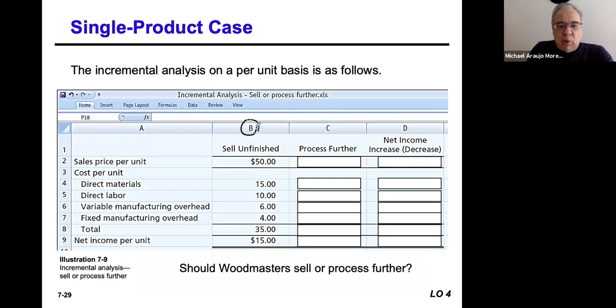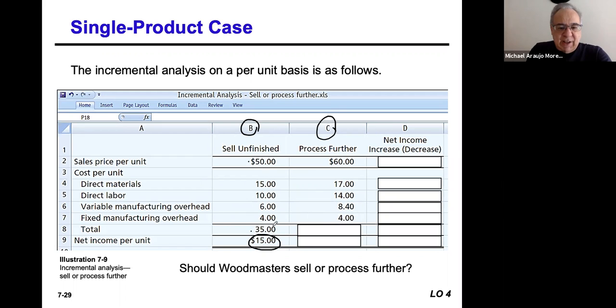So in essence, to just sell it as is, you have a $50 revenue stream and $35 in costs, so you're going to make $15 on every table that you sell unfinished. What about if we process it further? We get 60 bucks instead of 50, so our revenue is going to increase by 10 bucks. Our direct materials are going to increase by 2 to 17. Our direct labor is going to increase by $4 to $14.